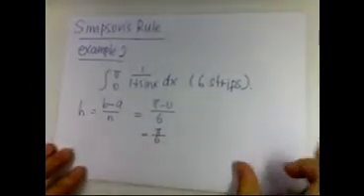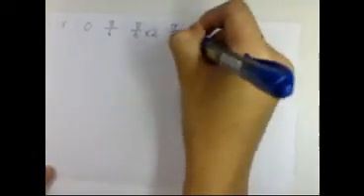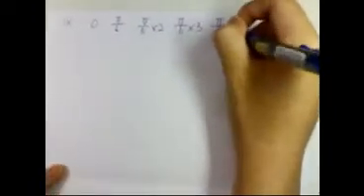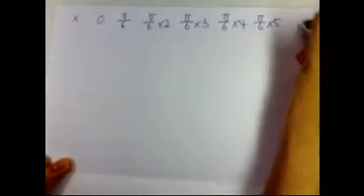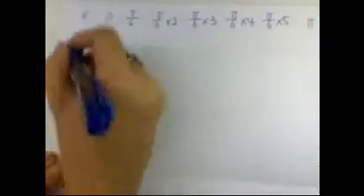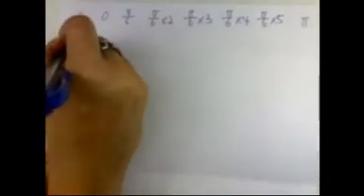Okay, and now we'll plot the table, which is x: 0, pi over 6, pi over 6 times 2, pi over 6 times 3, pi over 6 times 4, pi over 6 times 5, and lastly pi. And then this is 1 over 1 plus sin x, which is our function.